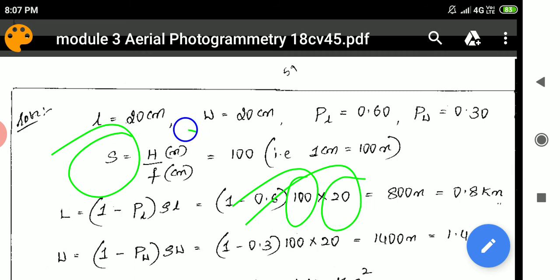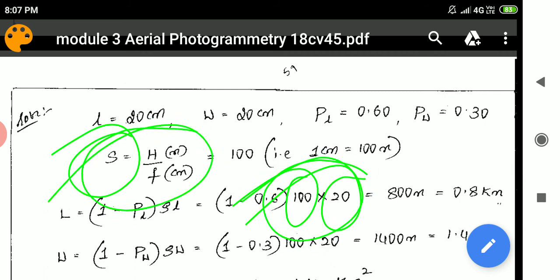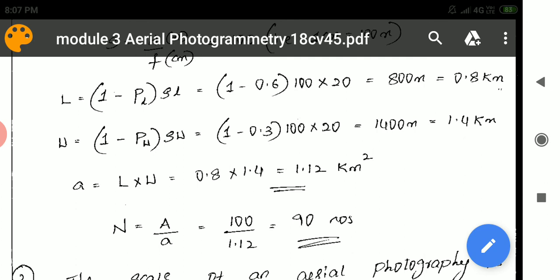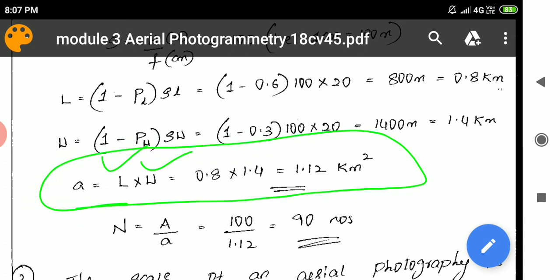By conversion of this we will get this one. 1 minus of this one, and by solving we will get the L value, and also we will get the W value. By using L and W we will get the area covered, that is 1.12 kilometer square.